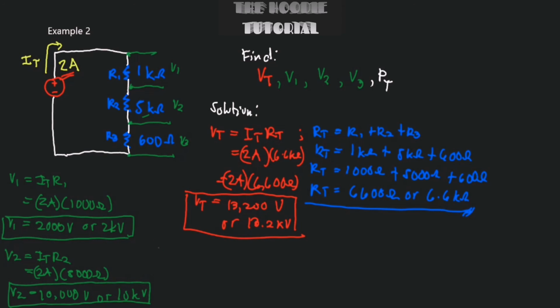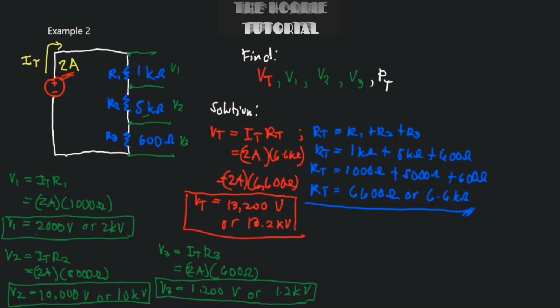And then we have V1 and V2. We need to find V3, which is IT, or I3, they are the same again, multiplied by R3. IT is equal to 2 amps. R3 is 600 ohms. Therefore, we would have a V3 of 1200 volts, or 1.2 kilovolts.